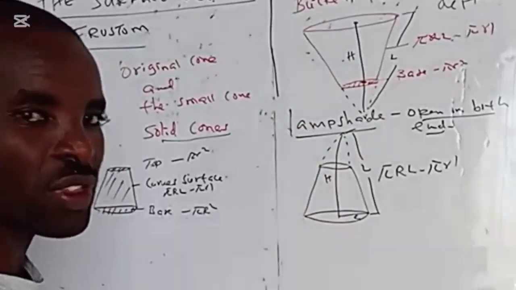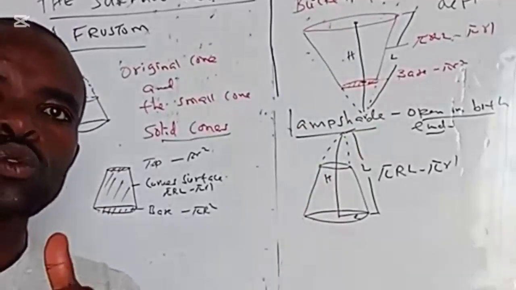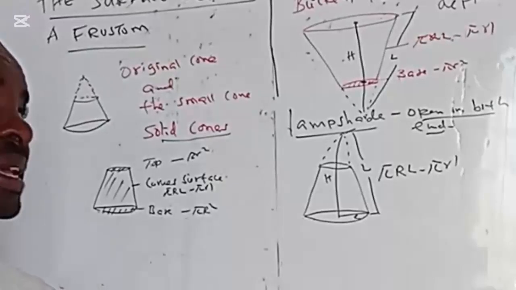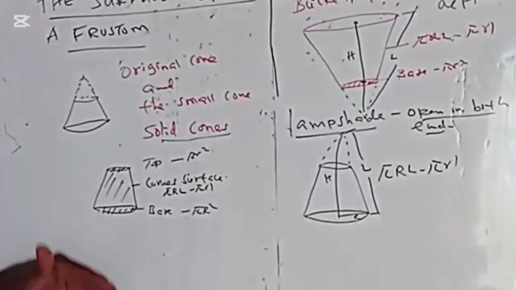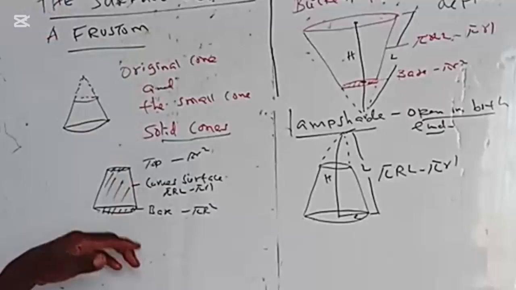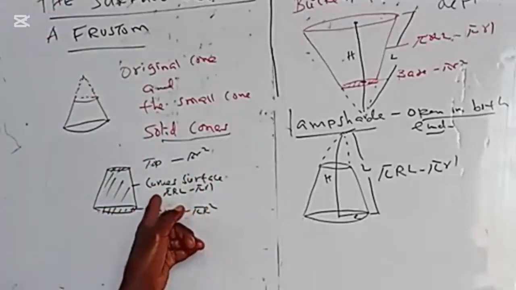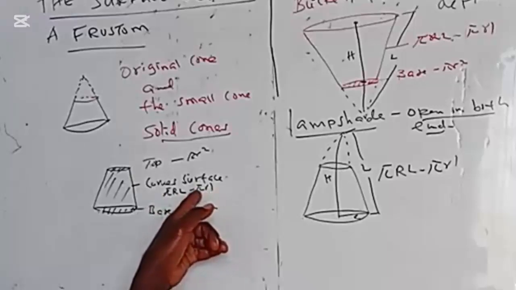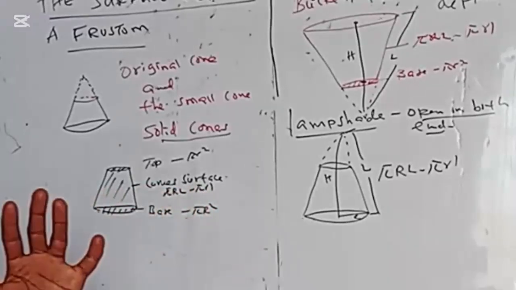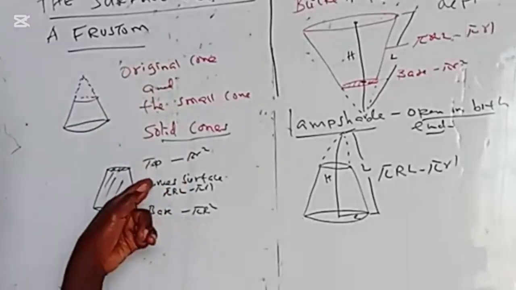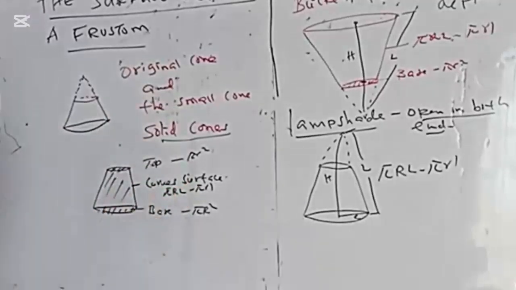So it is the height of the frustum, and we do not use that height anywhere. As I've said, it is to get the surface area of this. If it's a solid one, you consider the top, the base, and the curved surface. So curved surface will be given as the curved surface of the bigger cone minus the curved surface of the smaller cone.